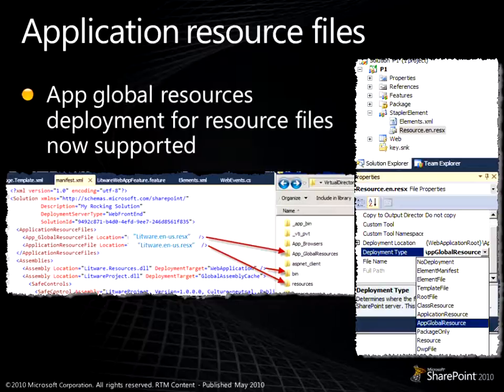In Visual Studio 2010, when you add your resource files to your Visual Studio project, you can define the deployment target by defining the deployment type for the particular file using the Properties window. When this is done, proper configurations will be automatically updated in the solution manifest based on your settings and actions performed within the Properties window.